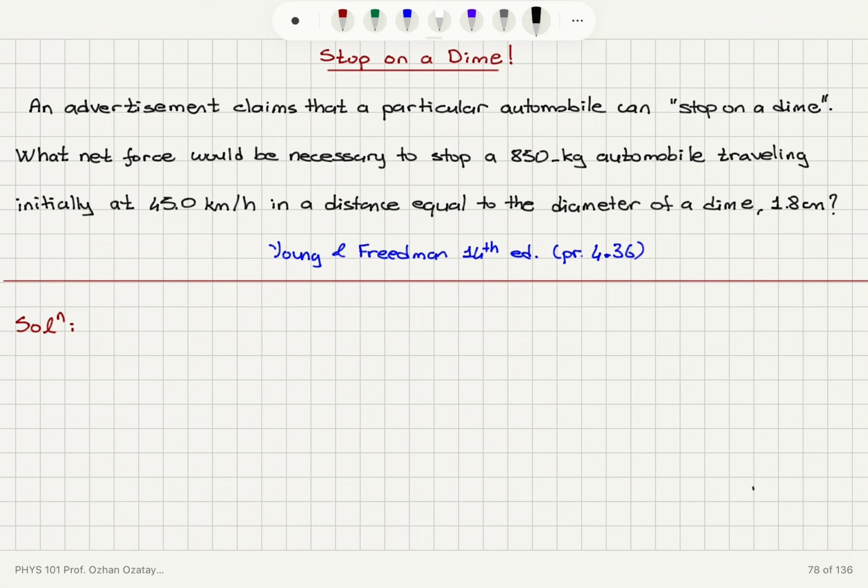Okay, so basically I'm going to decelerate to stop in this distance, so I have constant acceleration motion, starting at t equal to 0.